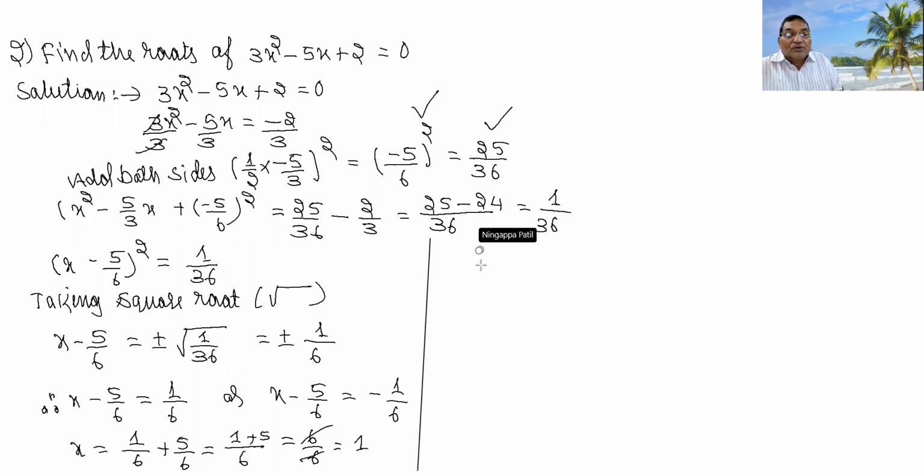Now I will take this here, x minus 5 by 6 equal to minus 1 upon 6.